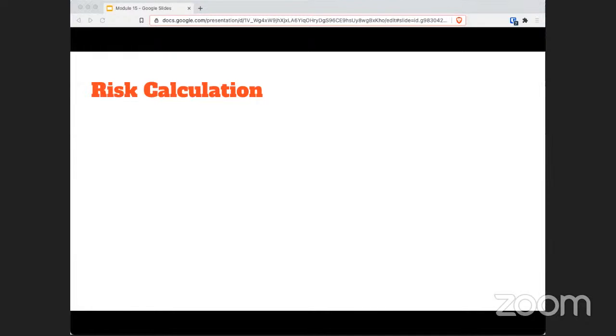Here are terms that you need to know. The risk likelihood is calculated by the mean time between failures, or the MTBF, the mean time to recovery, the MTTR, the mean time to failure, MTTF, and the failure in time. This data can be used to determine the annualized rate of occurrence, the ARO.